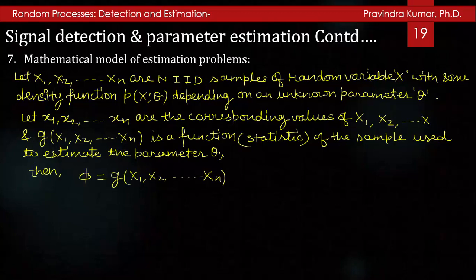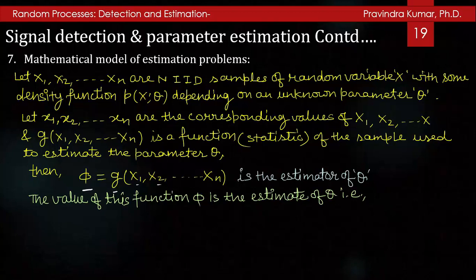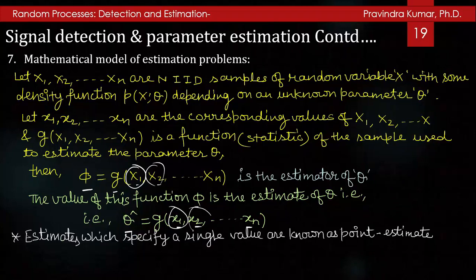Then the function phi equal to g(X1, X2, ..., Xn) is the estimator of theta, and the value of this estimator is known as the estimate of theta. So the estimated value of theta is g(x1, x2, ..., xn). Here these are the random samples and these are the values of the random samples. So this is the estimated value of the parameter theta.